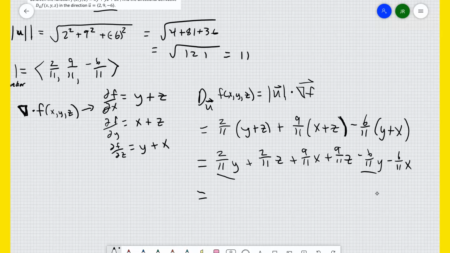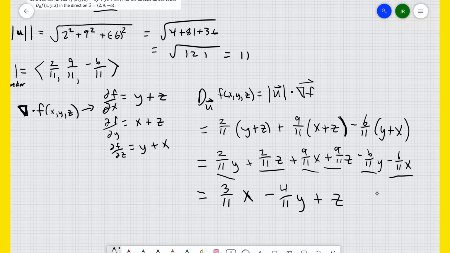That and that, 2/11 minus 6/11 y, that's going to be negative 4/11 y. And then 2/11 z plus 9/11 z, that's 1z, so plus z. And 9/11 x minus 6/11 x, that's going to be 3/11 x. So I just put it in the x, y, z order.